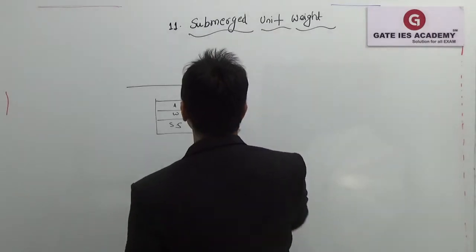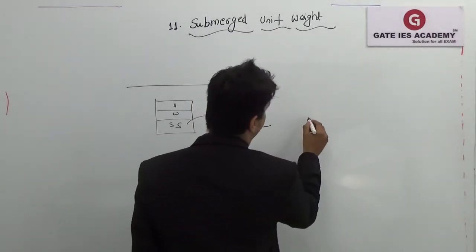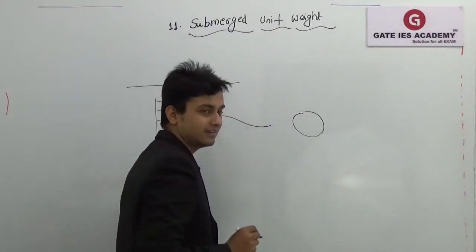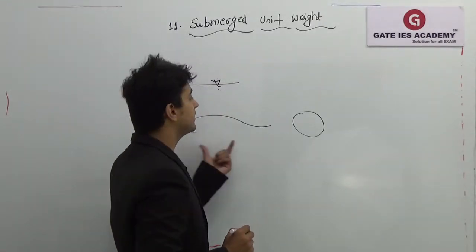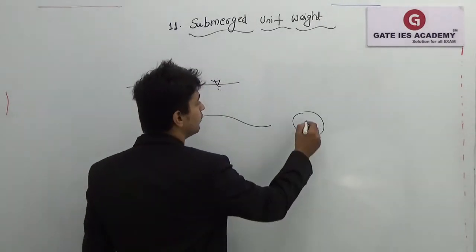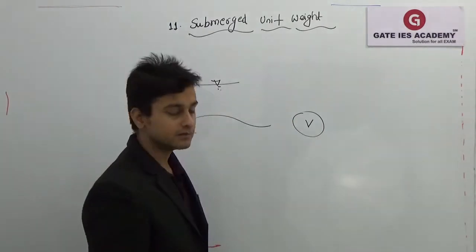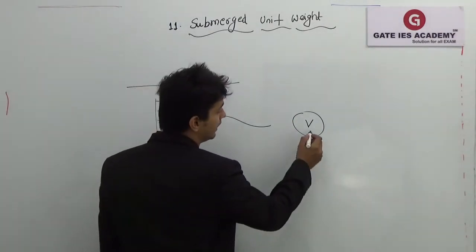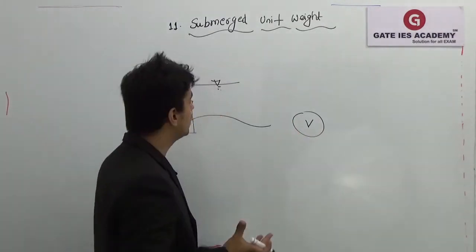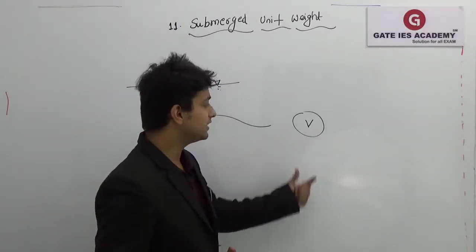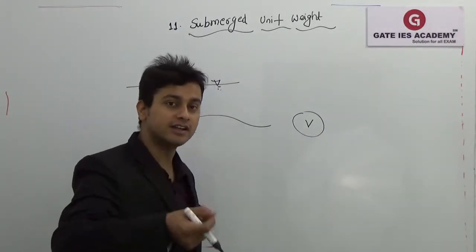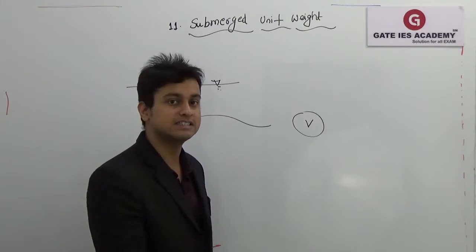So this whole soil is under the groundwater table. I can assume it to be a spherical body of volume V. We already know that a body of volume V will be exerting some magnitude downward, which is its weight.